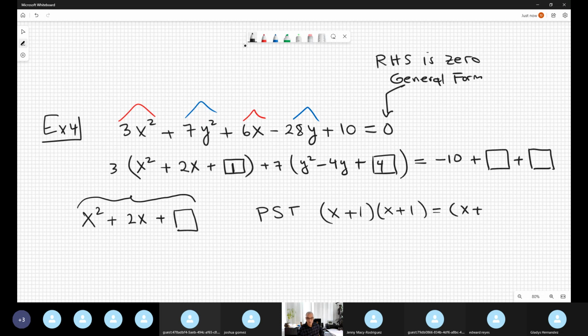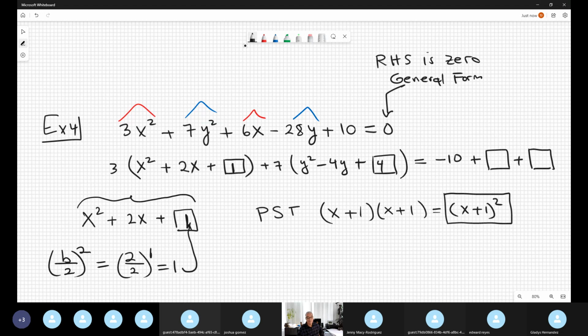You can write definitely like x plus 1 squared. So now, if you introduce here one number, 1, where does this 1 come from? You take b, divided by 2, squared. This is a formula. b is 2, it's obvious, no? Divided by 2 is 1, and 1 squared is 1. And this one you put here. And when you put it here, the factorization is this. Okay? Is it clear or is it confusing?